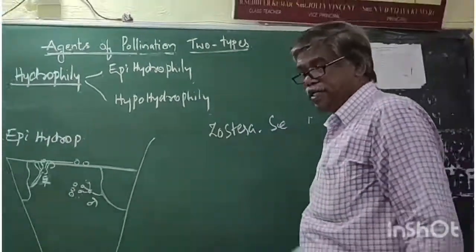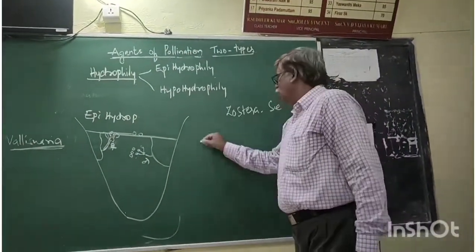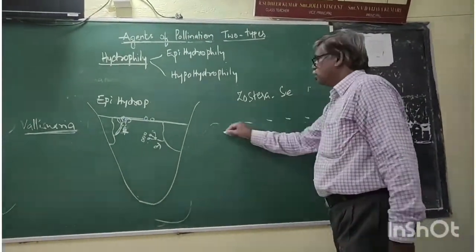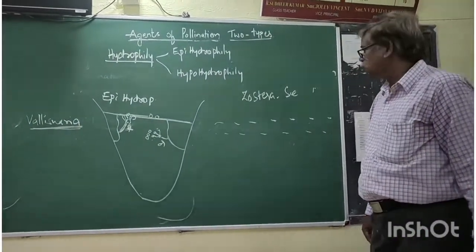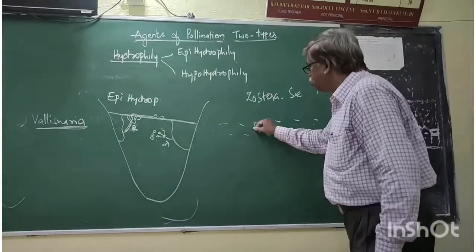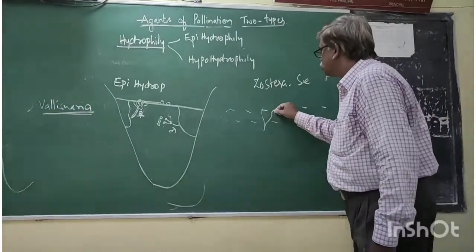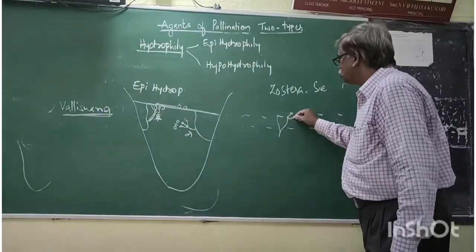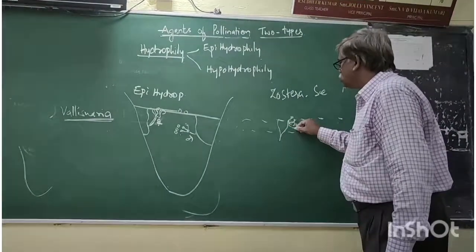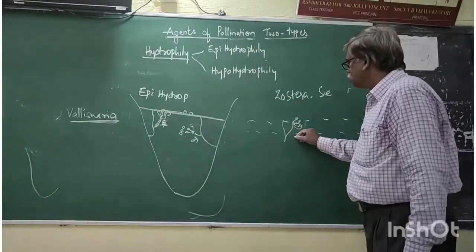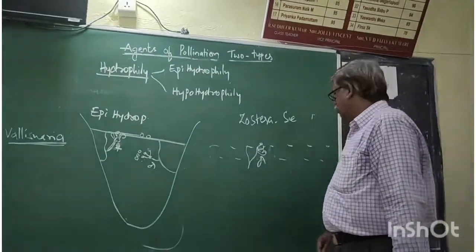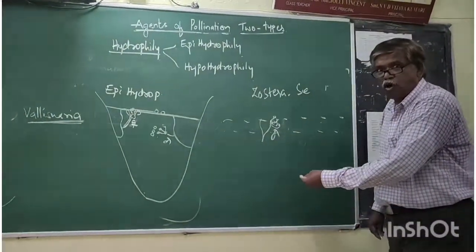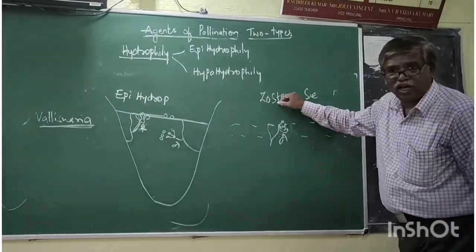Seagrass. It is quite opposite. Now it is the seawater. See. Right. It is a male flower. This male flower belongs to whom? Zoster.